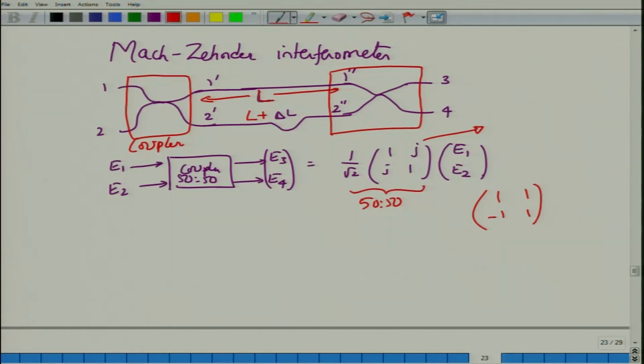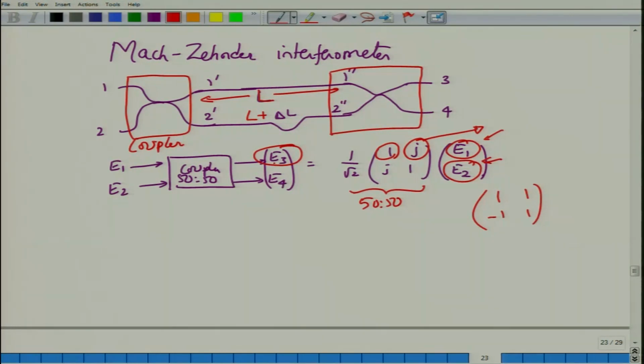What it says is that the output at port 3 is due to port 1 as well as port 2 inputs. So, 1 by root 2 times E1 plus j by root 2 times E2 indicates that this is linearly coupling inputs from E1 and E2 and putting them onto E3.